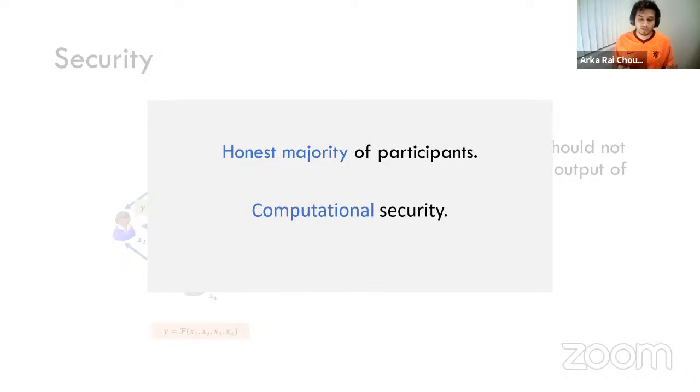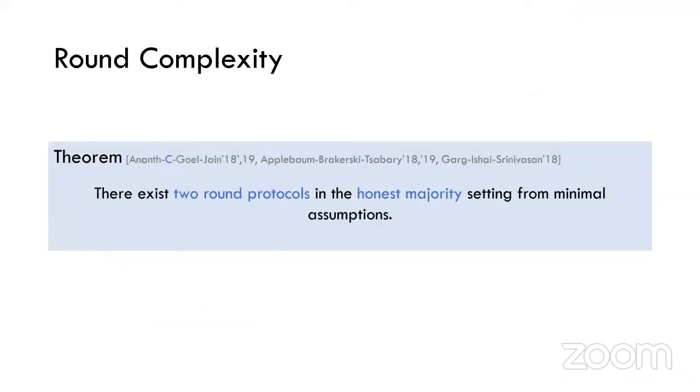Okay, so what do we know about round complexity in this setting? It's actually quite well understood, and there is an exciting recent line of work which established 2 round protocols in the honest majority setting and from minimal assumptions.